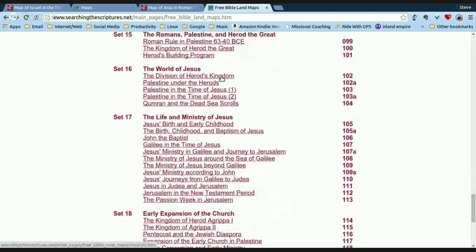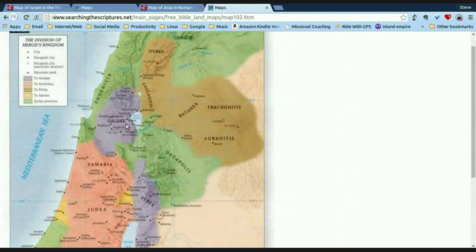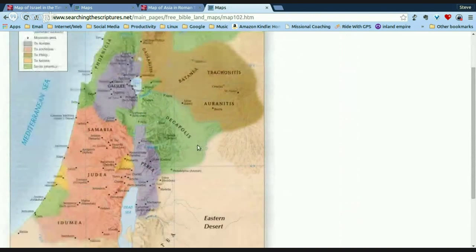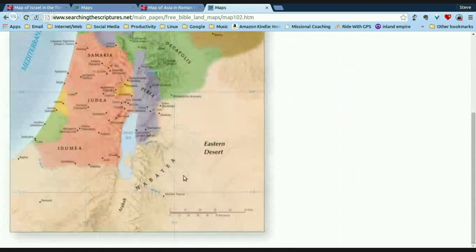In the world of Jesus, this is probably a good map to show. We have the division of Herod's kingdom. The Romans allowed Israel to be quasi-self-ruled. Herod was an Edomite.